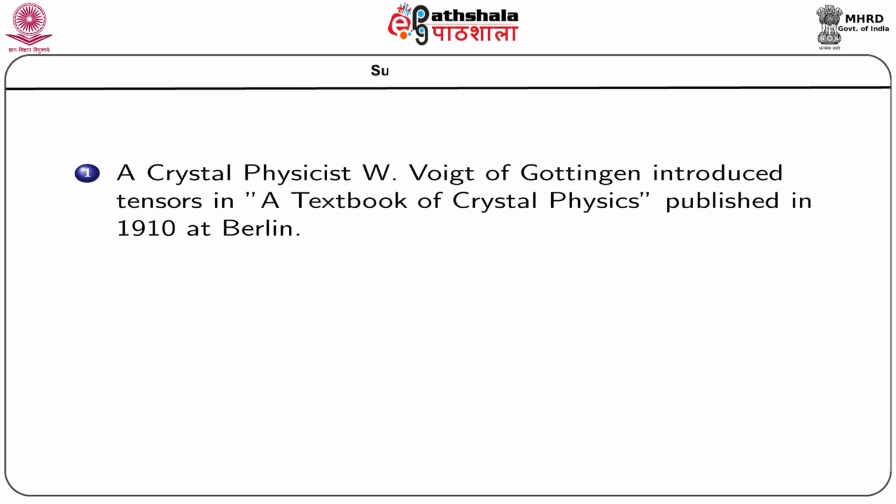In the introduction, we shall first say about the tensor, from where it is coming. A crystal physicist W. Voigt of Göttingen, Germany, introduced tensors in a textbook of crystal physics published in 1910 at Berlin.